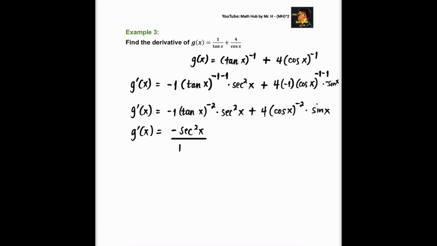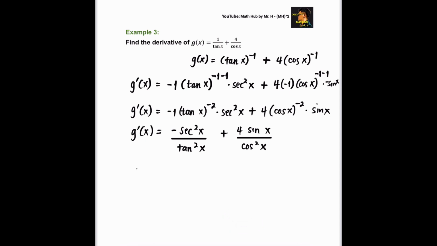So that will be tangent squared x. And for the second term, plus 4 times sine x is 4 sine x divided by cosine squared x, again putting this down so the exponent becomes positive.